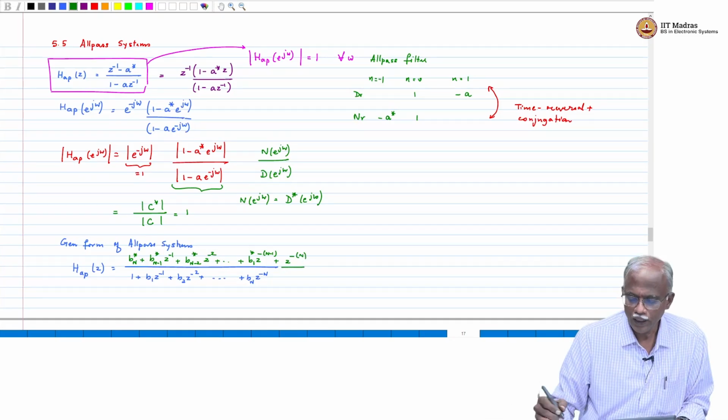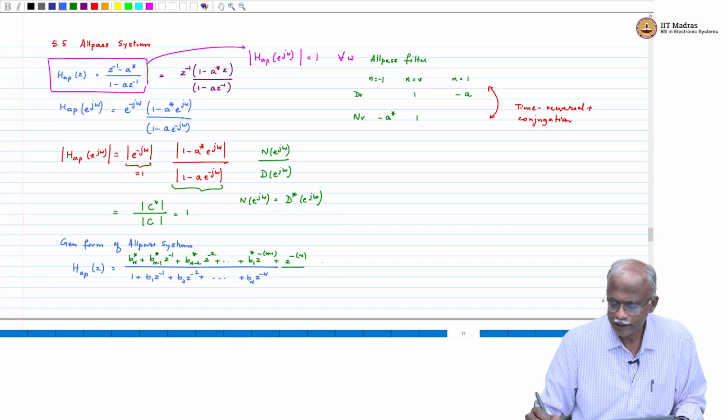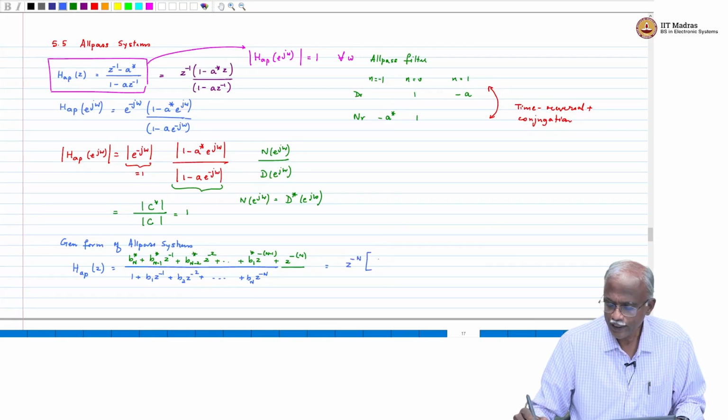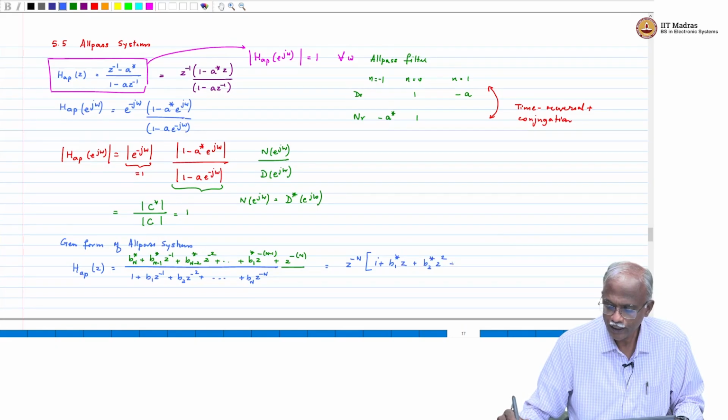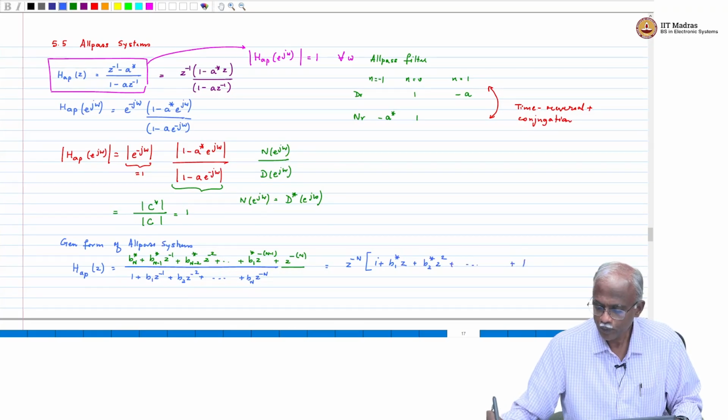Okay. Now to verify, just factor out Z power minus n. What you will get is the following. You will get 1 plus B1 conjugate Z, B2 conjugate Z squared, all the way to Bn conjugate Z power n.